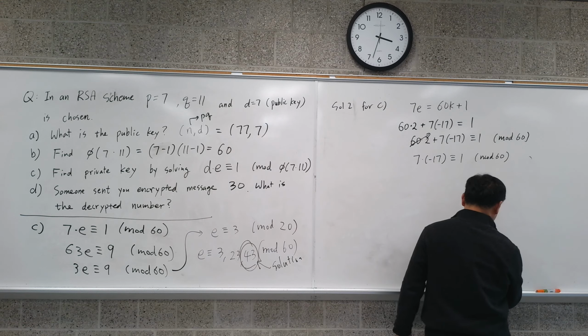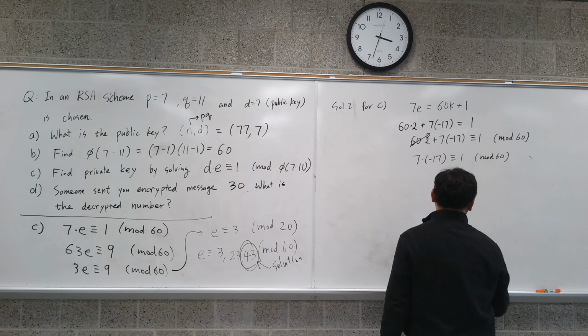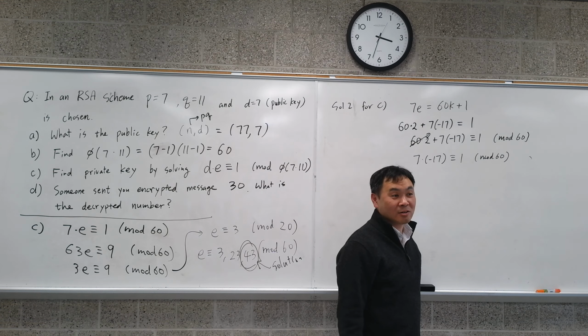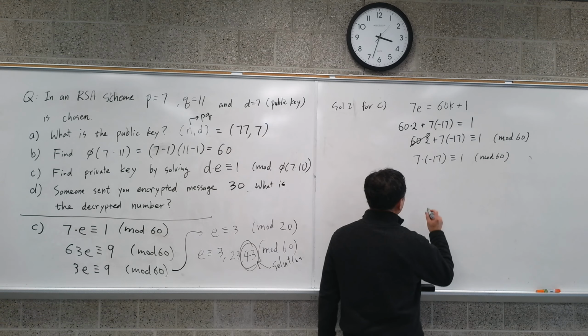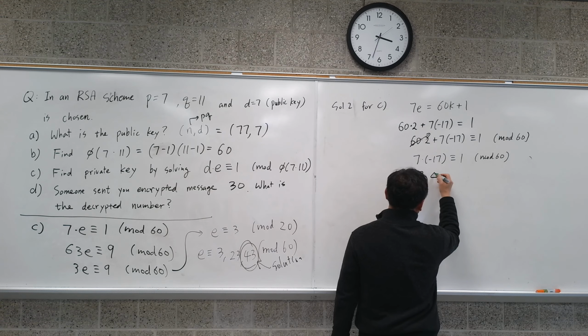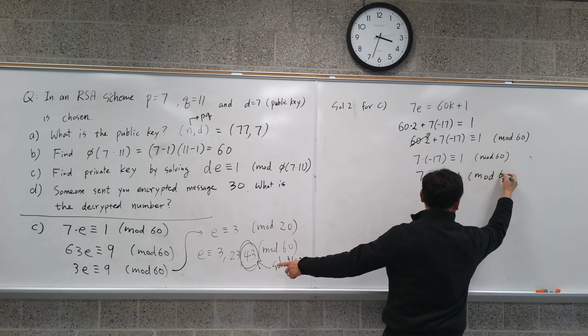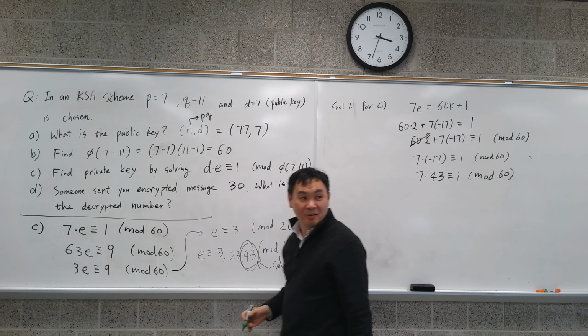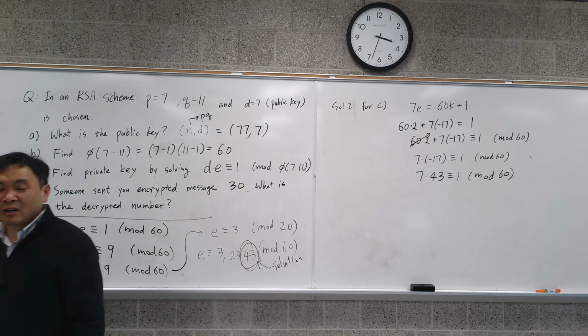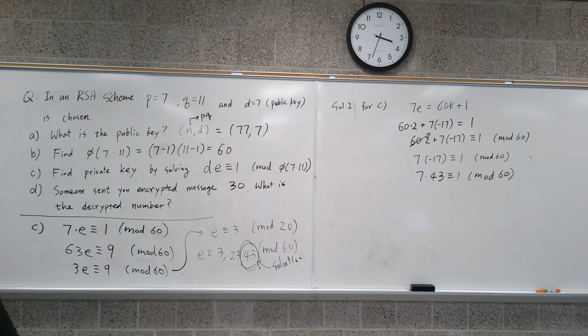So it would be 43. Which is the same answer as before, right? I found that plugging in and trying to keep track is not that simple. I like this better.